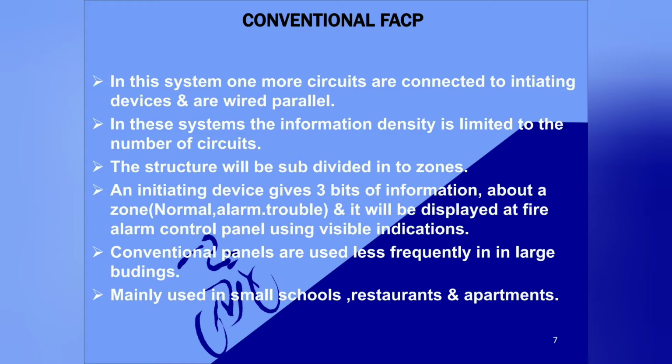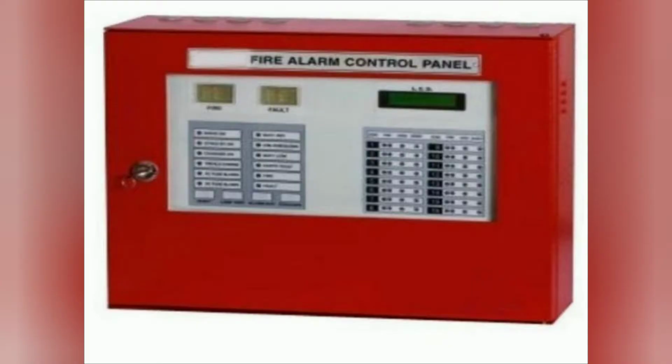The structure is subdivided into zones, and each zone has 3 bits of information, normally called normal, alarm and trouble, which is displayed at the fire alarm control panel using visible indications. Conventional panels are now less frequently used in large buildings and only used in small buildings like small hotels or schools. In a typical conventional fire alarm control panel, as you can see in the video, visible indications are available at the front of the panel.